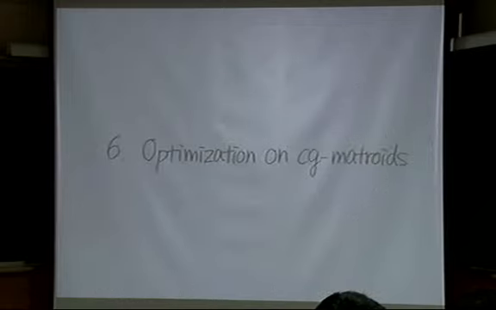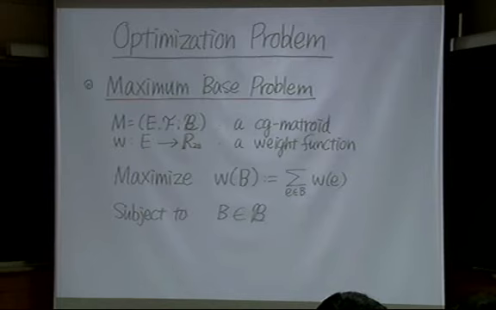Okay. So finally, I want to talk about an optimization problem on CG matroids. Now we will consider the maximum base problem. Let M be a CG matroid with a family of bases, and let W be a weight function on the set E. We want to maximize the sum of the weights of the elements of one base.